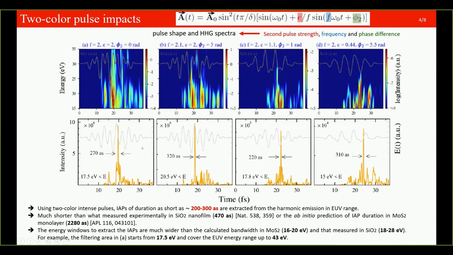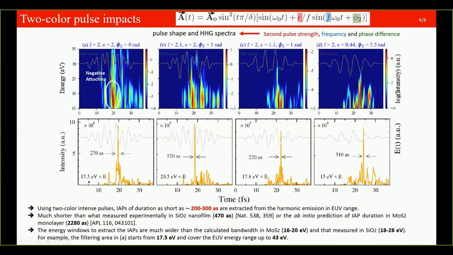For example, here our bandwidth is from about 17 electron volt up to the HHG cutoff energy, which is about 45 electron volt.